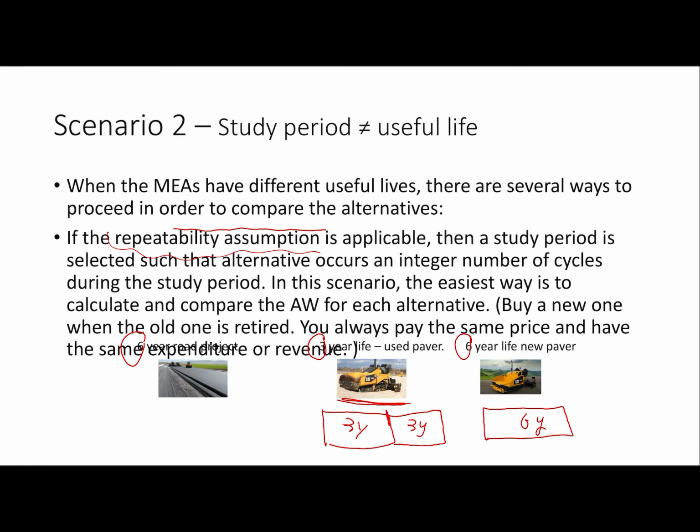To do that, you just need to repeat the whole life cycle of each project several times until they have the same length of study period. For example, the 3-year life cycle can be repeated 2 times, so they have a 6-year life cycle for that project, and then you can compare that with the other 6-year alternative.